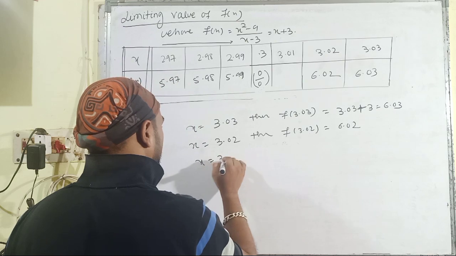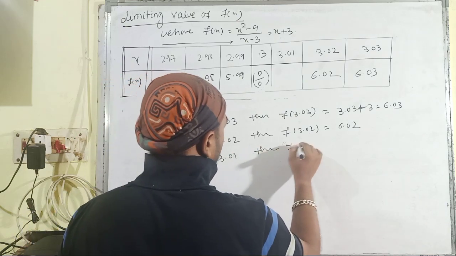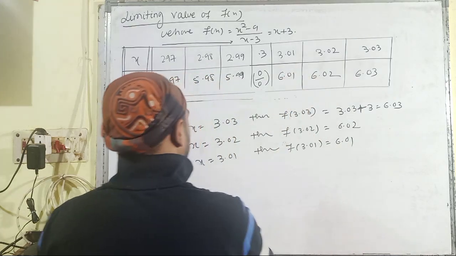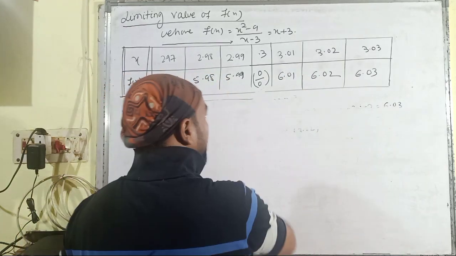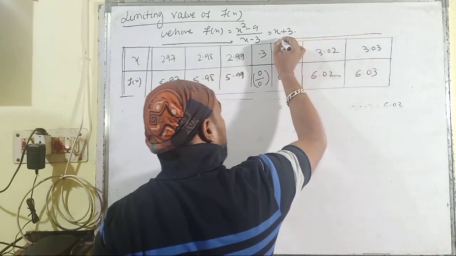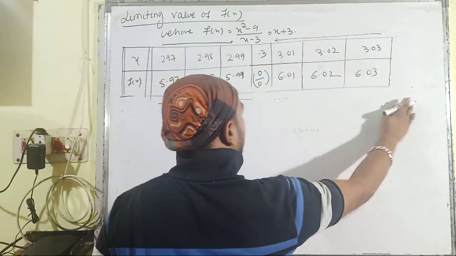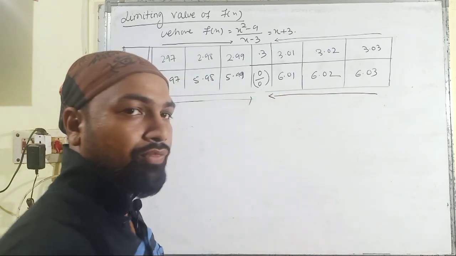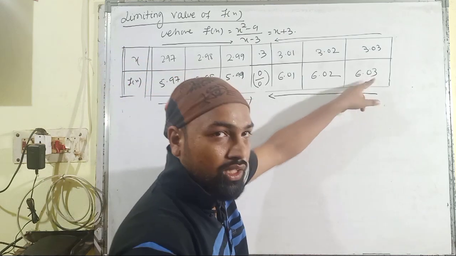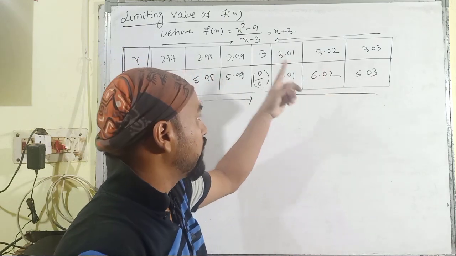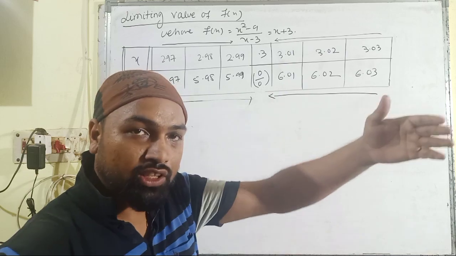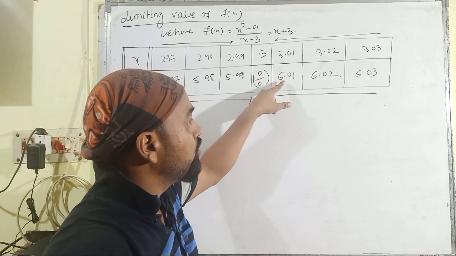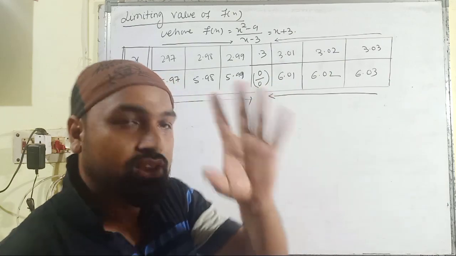When x is equal to 3.01, then f of 3.01 is equal to 6.01. That means when x approaches 3 from the right hand side, the value of f of x approaches again 6. Because 6.03, then 6.02, then 6.01, it is in decreasing order and approaching the integer, because the very nearest value to 6.01 is the integer 6.